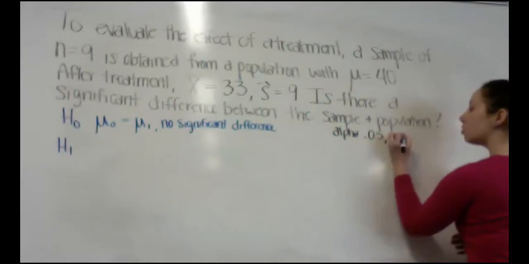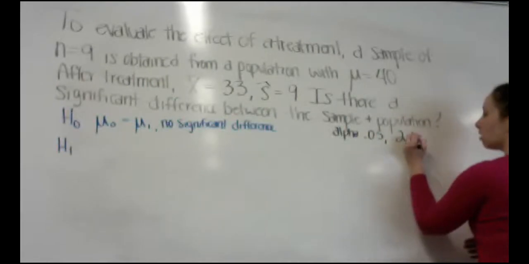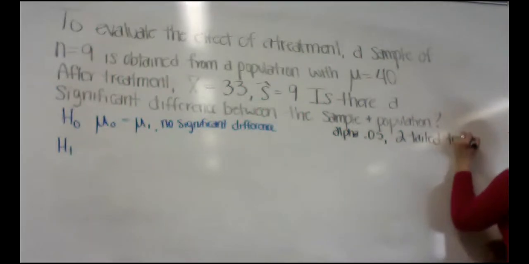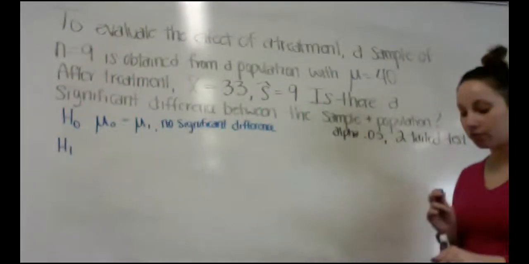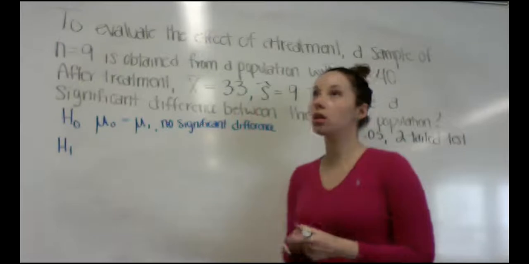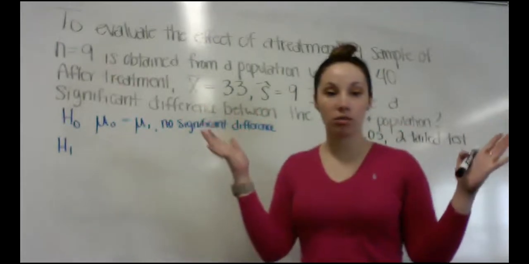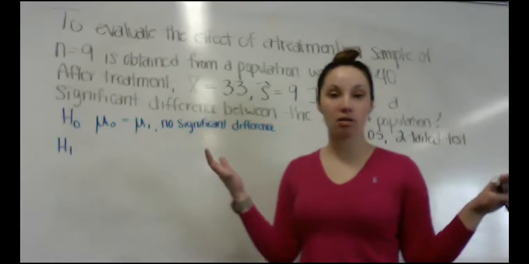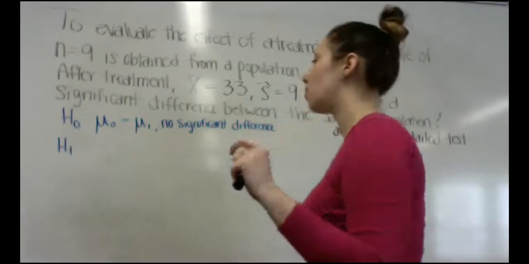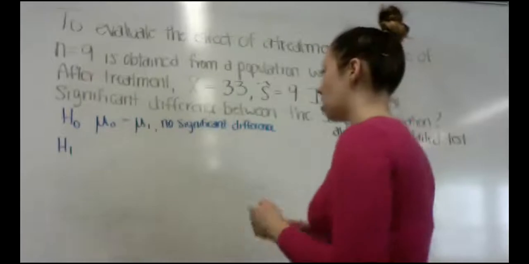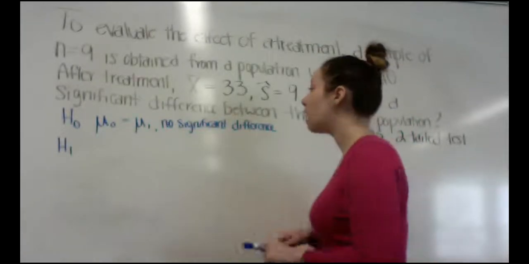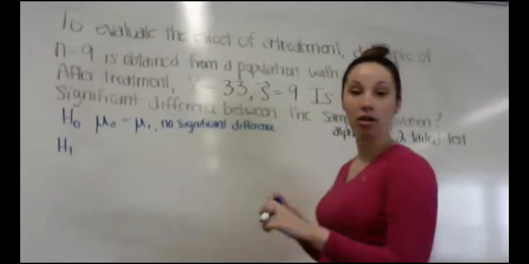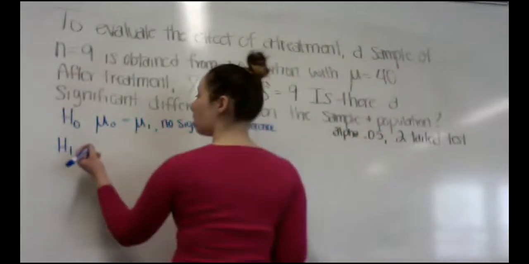We're going to be doing a two-tailed test. What that means is that we are looking for extremes on either side of the distribution, not just positive or negative. We're looking for both, both sides of the distribution. So because we are doing a two-tailed test, this is what my alternative hypothesis is going to look like.